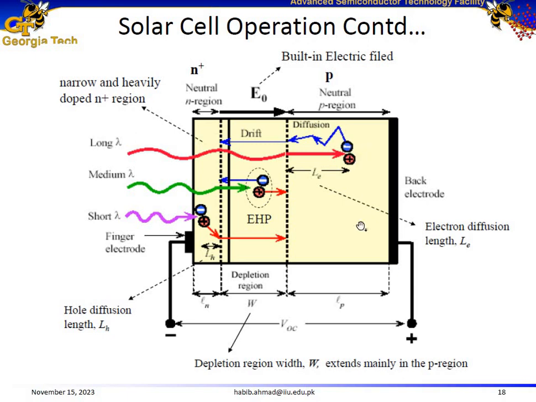So essentially the total width which contributes to the solar power is determined by the sum of the diffusion length for holes plus the width of the depletion region plus the diffusion length of the electrons.